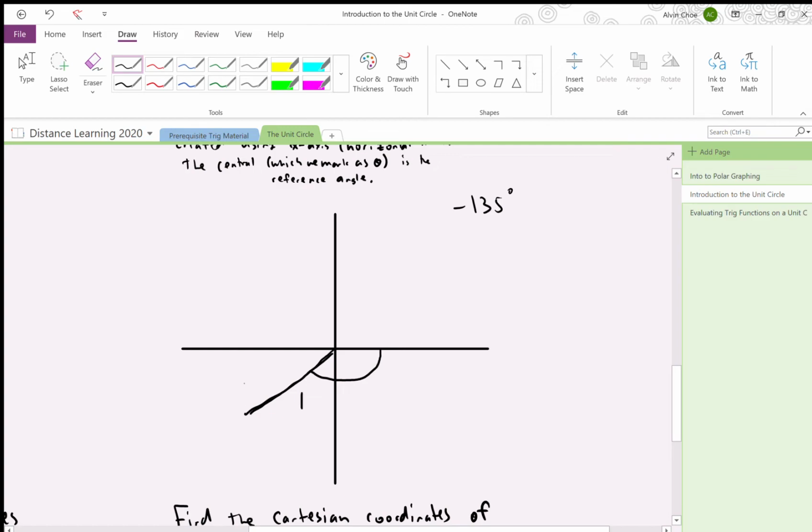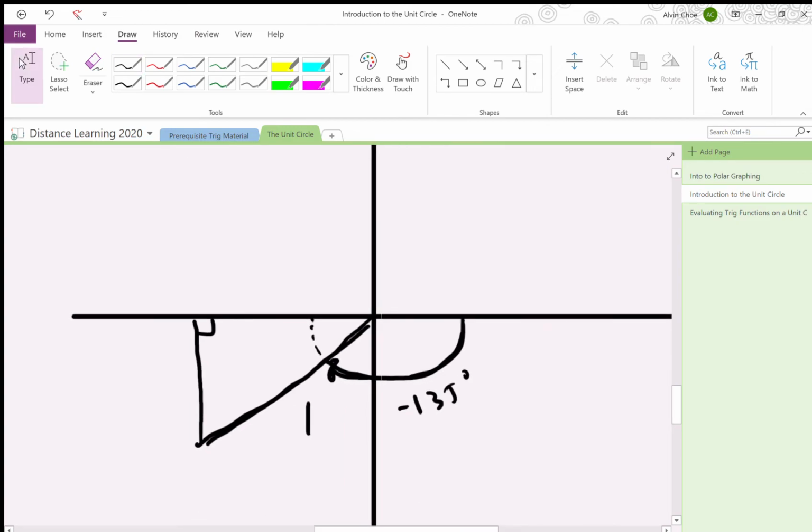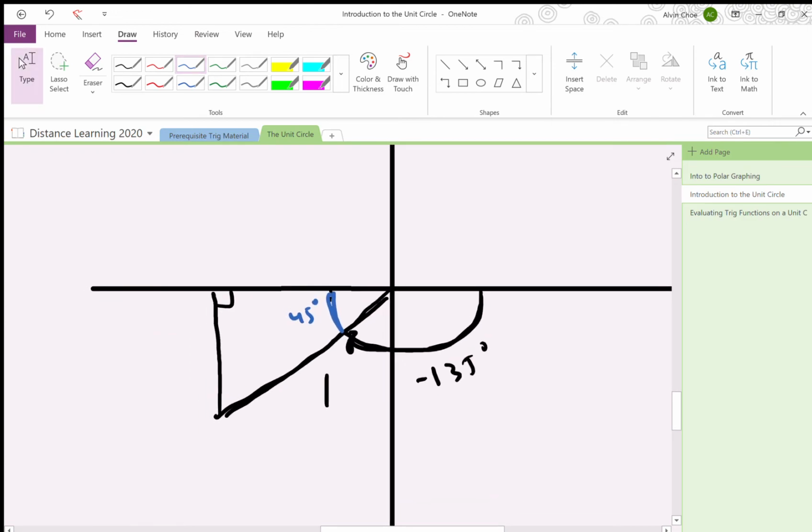We're going to draw a line to the horizontal because we always use a horizontal line, which means that if we travel 135 degrees this way clockwise, the remaining angle, which will give us our reference angle, is going to be 45 degrees. Now, because that's 45 degrees, you divide by root 2, so that's going to be 1 over root 2, which is how we got root 2 over 2, because we have to rationalize the denominator.